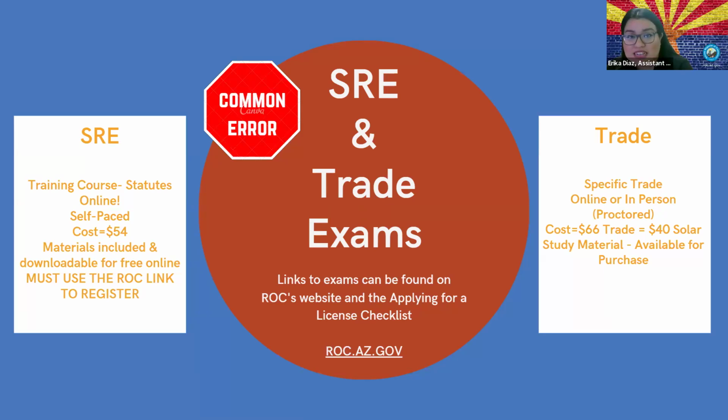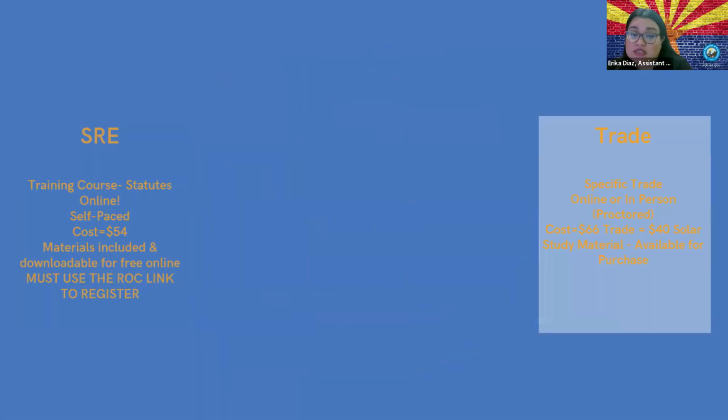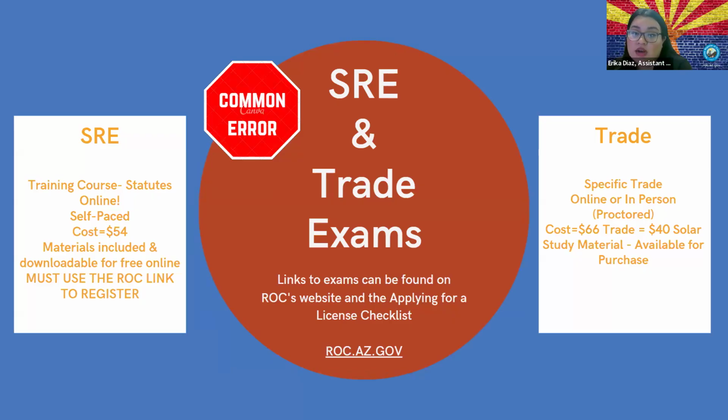We definitely do not want that to happen. So be sure to read over the rules regarding when you're doing it at home to be prepared in case anything were to happen. The cost of that is $66. There is also study material available for purchase through PSI, or you can also go through any third-party site, Amazon, eBay, or anything like that to get your testing material.